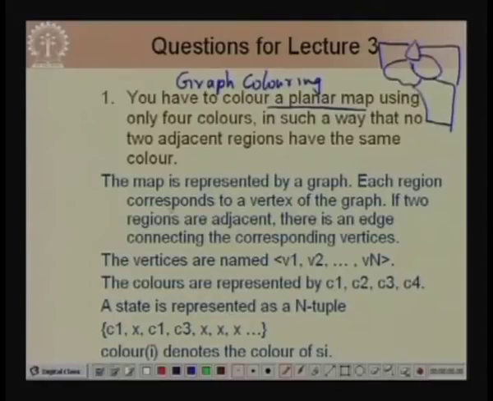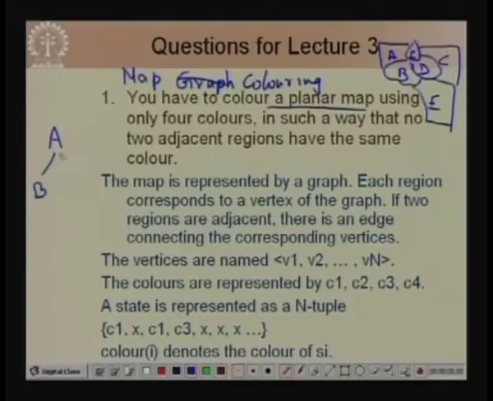Now, we will look at our representation of this map coloring problem. Rather than graph coloring, this is the map coloring problem. What we will do is first represent the map by a graph. For each region we will have a vertex. Suppose this is region A, this is B, this is C, this is D, this is E, and this is F. Region A corresponds to a vertex of the graph.